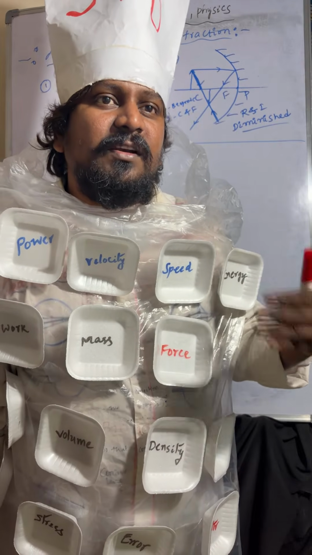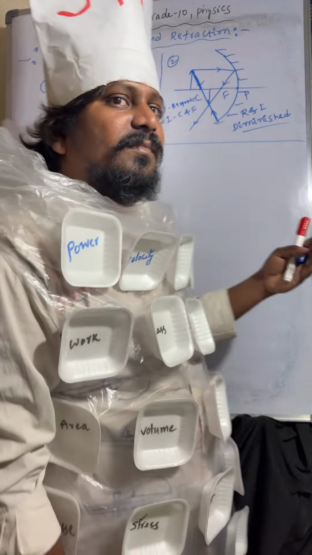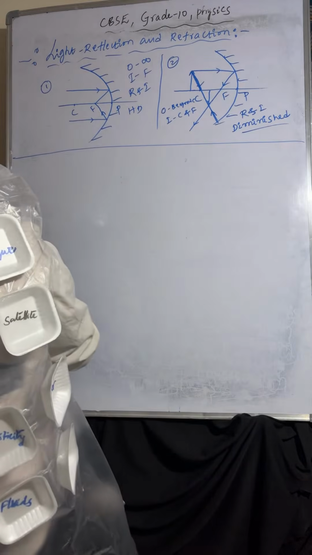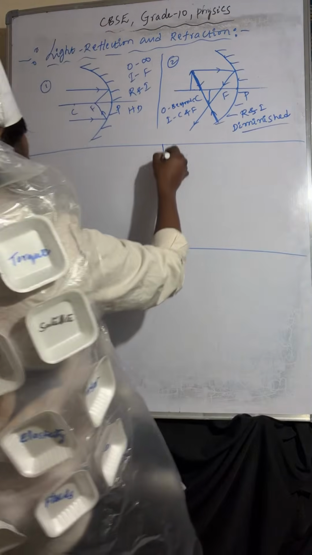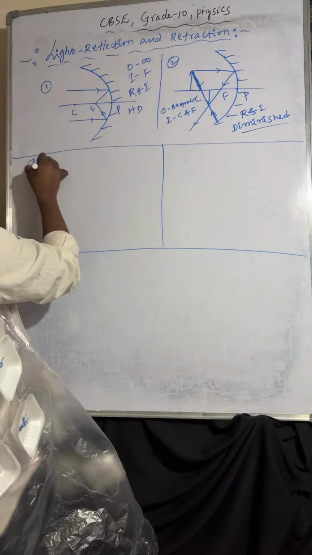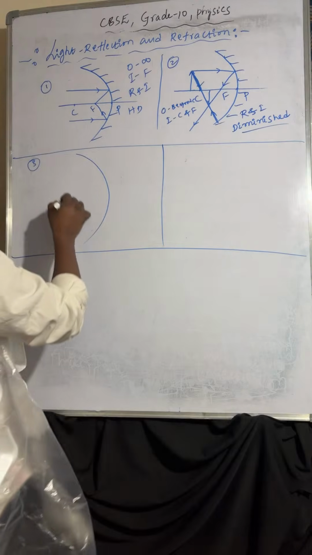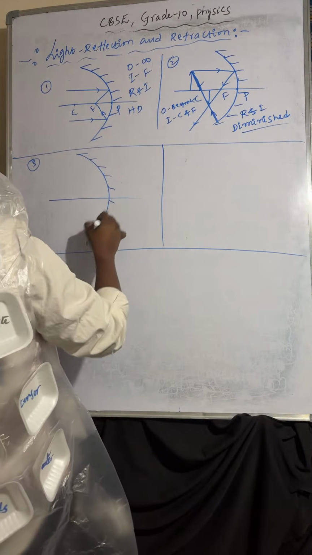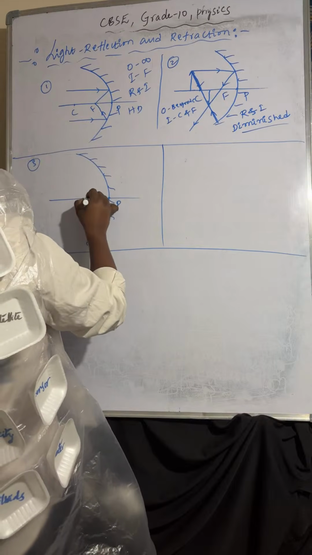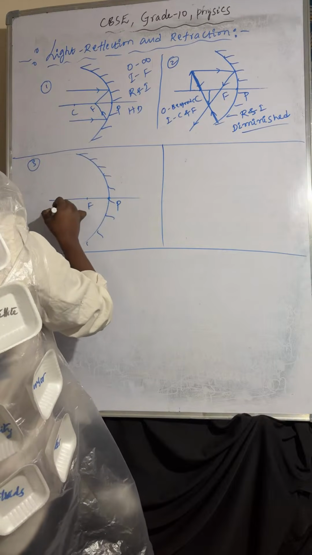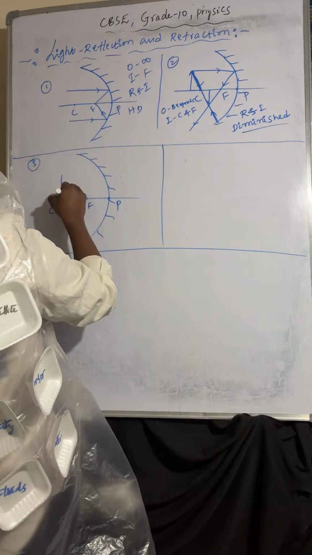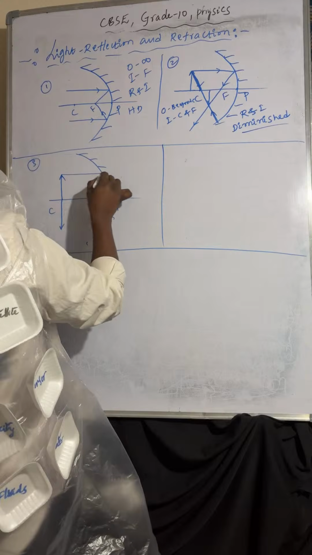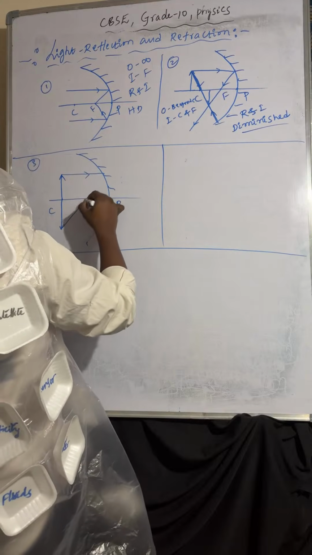Okay. So coming to the next one, third one. Let's start to discuss the third one. So pole, focus, center of curvature, object is placed at C. So image also will form at C. One light ray I am taking like this, it passes through focus.